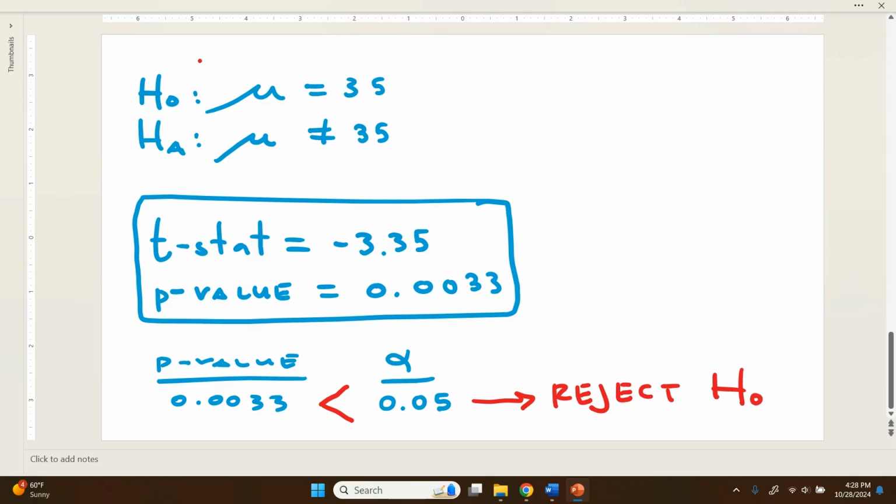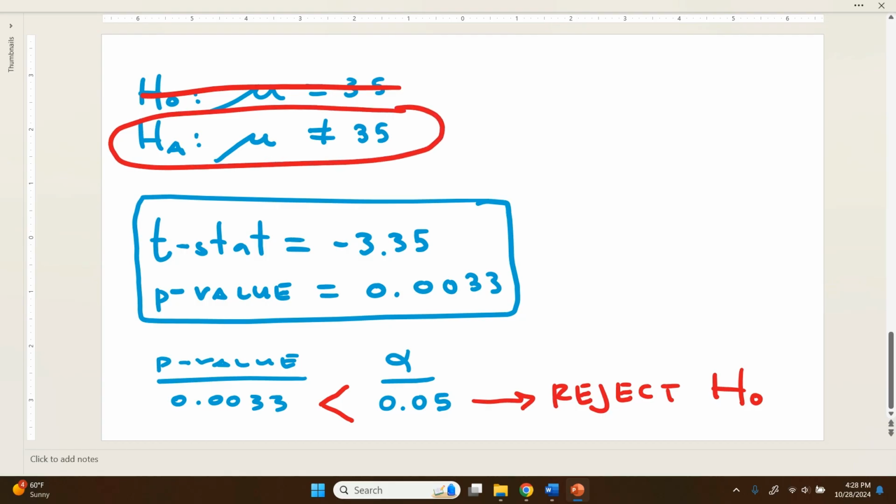We had our 0.05 as the level at which we decide if things are unusual. Here it's at 5%. Ours came in well below even 1%. So we're going to reject the null. So we will get rid of the null hypothesis and say that our data is supportive of the alternative, that the mean time to complete the test differs significantly from 35 minutes.